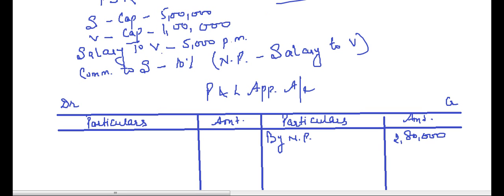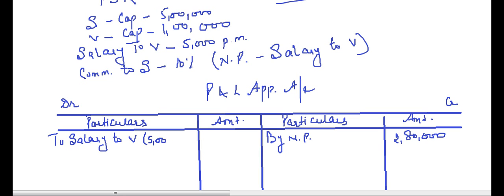Now in the remuneration, what we will do is, first we will pay salary to V, because after paying this salary we have to pay commission to S. It is very clearly mentioned in the question. So first we will say salary to V, 5,000 per month.